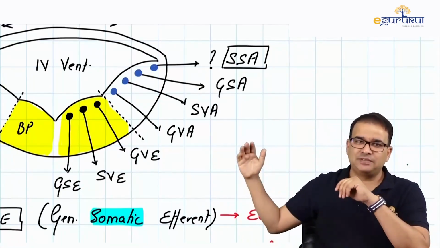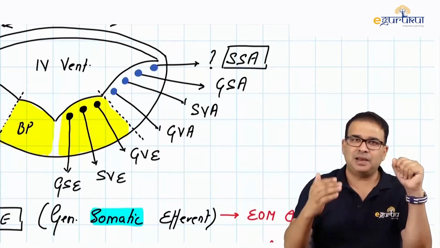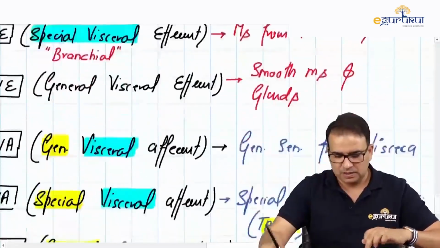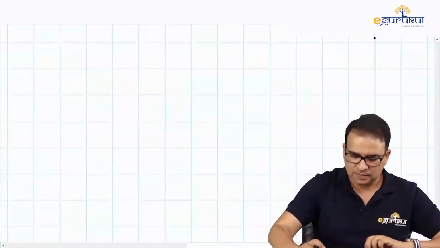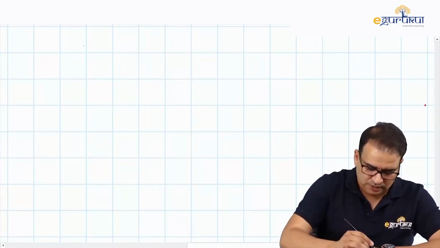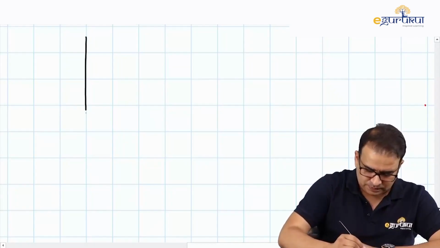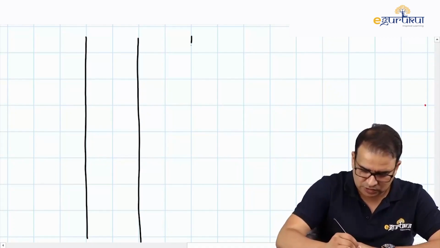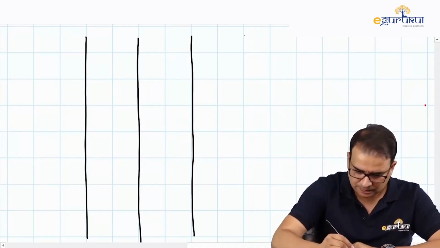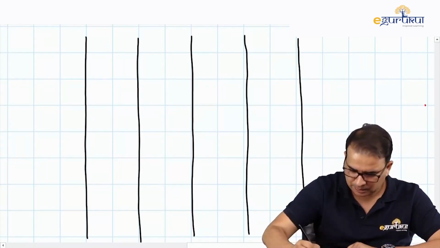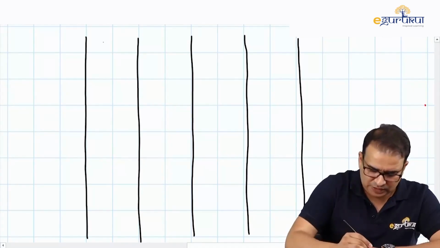So let's take all these 7 columns, put them in the brainstem, and understand which nerve nuclei will come under these particular columns. So there we go. Let's draw these columns. Starting with the first column, from the very medial side, that was GSE.